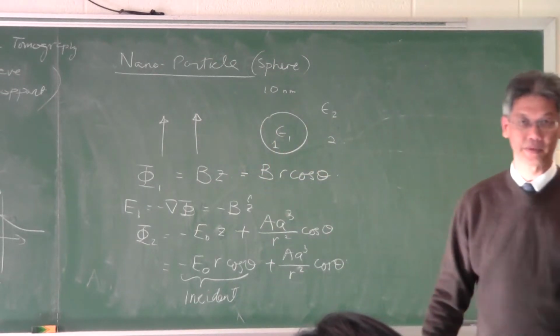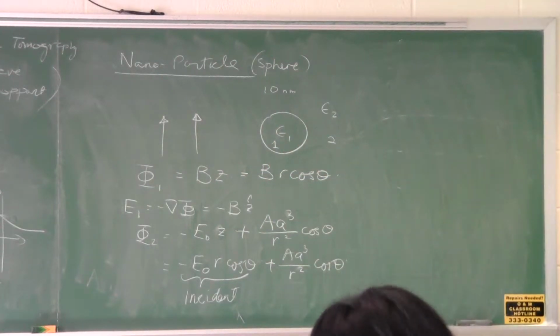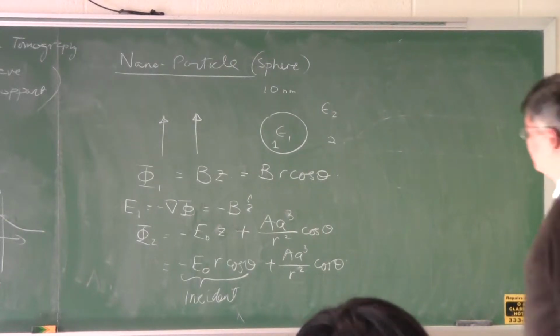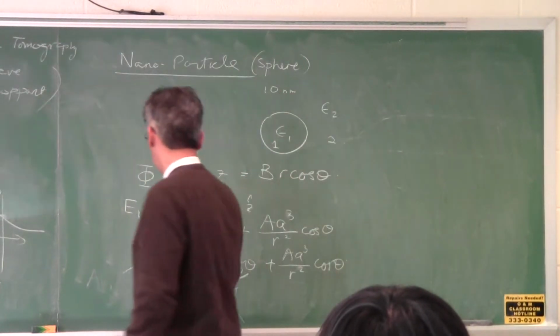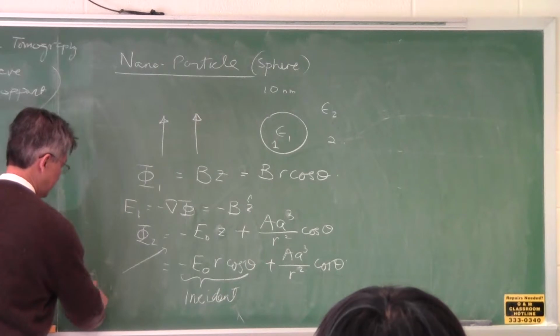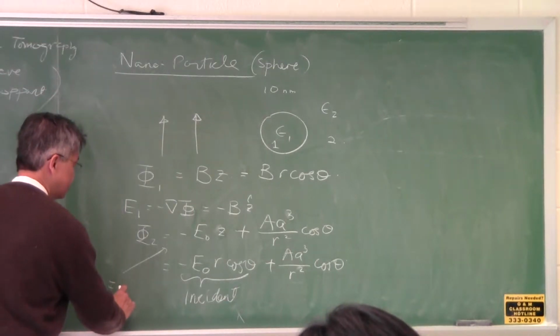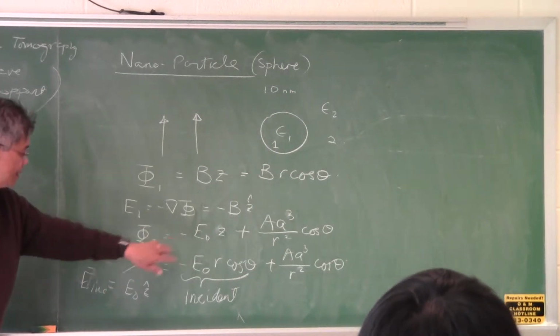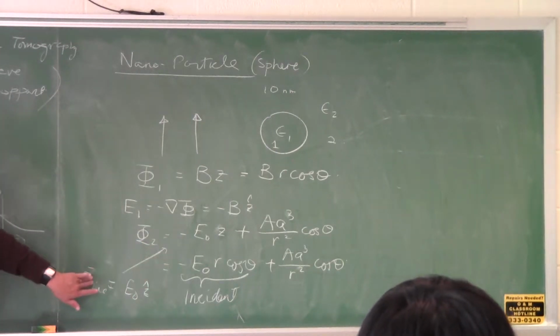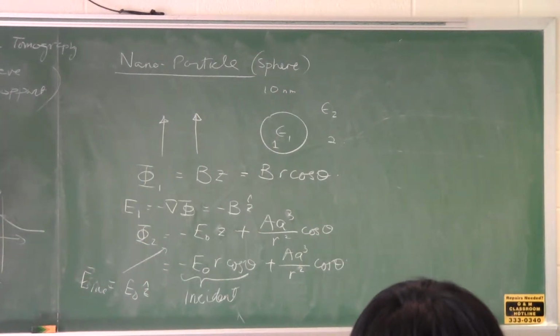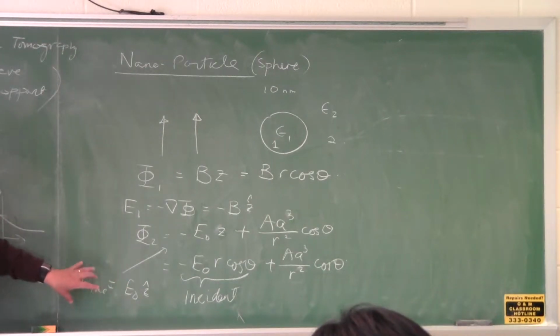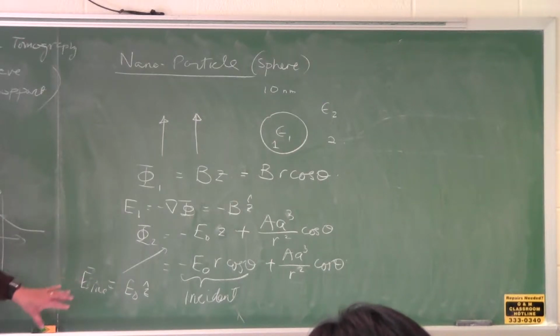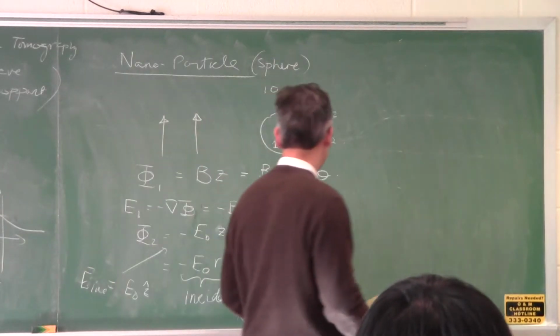If you take the negative gradient of this, you get the incident field, E incident equal to E0 z hat. So I'm studying the excitation of this particle with a long wavelength electromagnetic field, so I can assume quasi-static physics there.